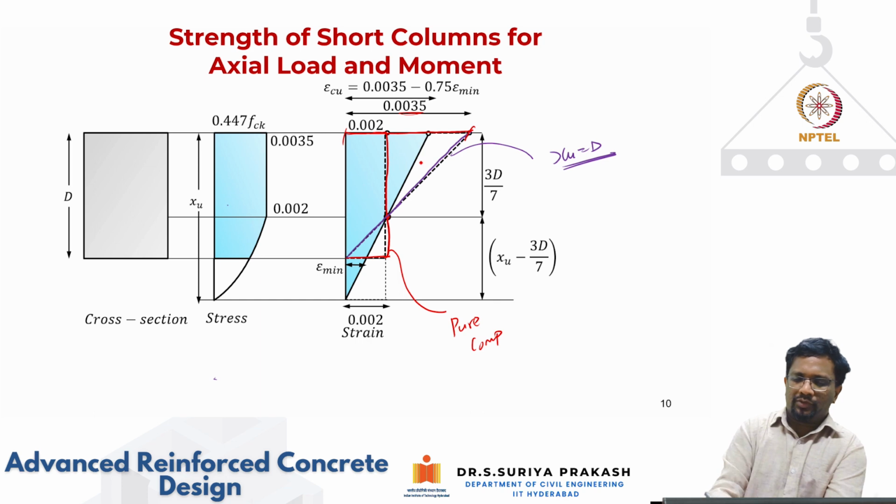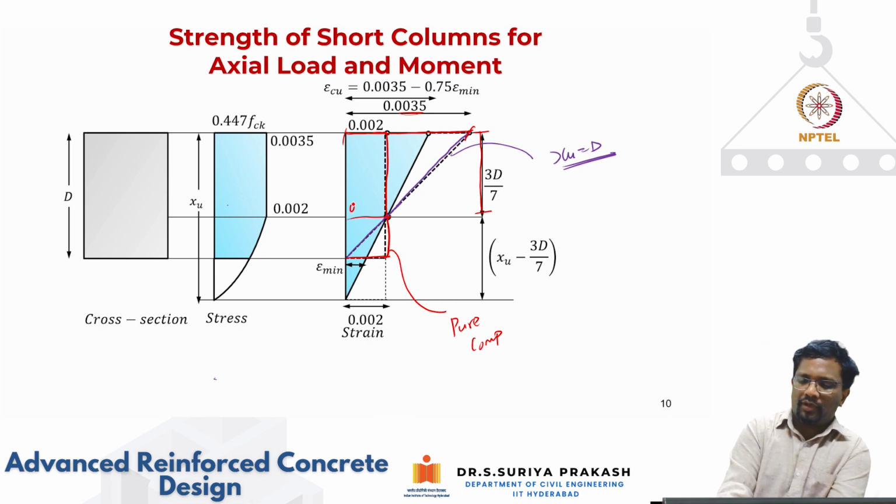So in these two extreme cases, you know at what depth this strain will reach from 0.0035 to 0.002. We know that when xu is equal to D, at a distance of 3D by 7, it is going to reach a strain of 0.002.